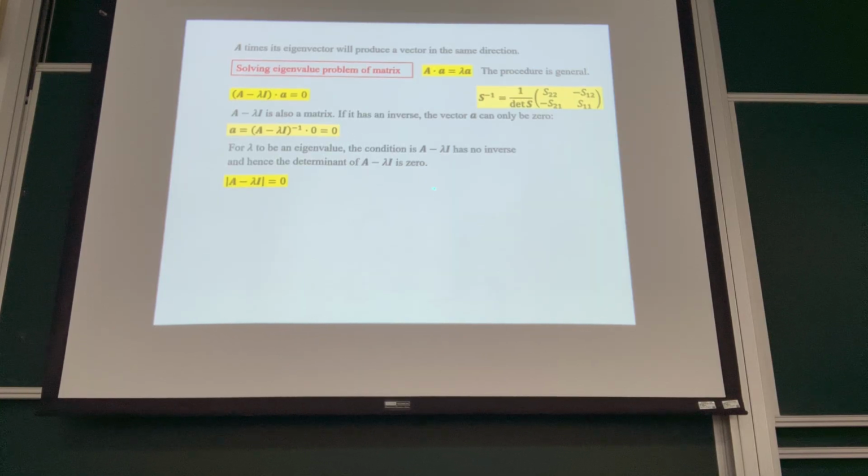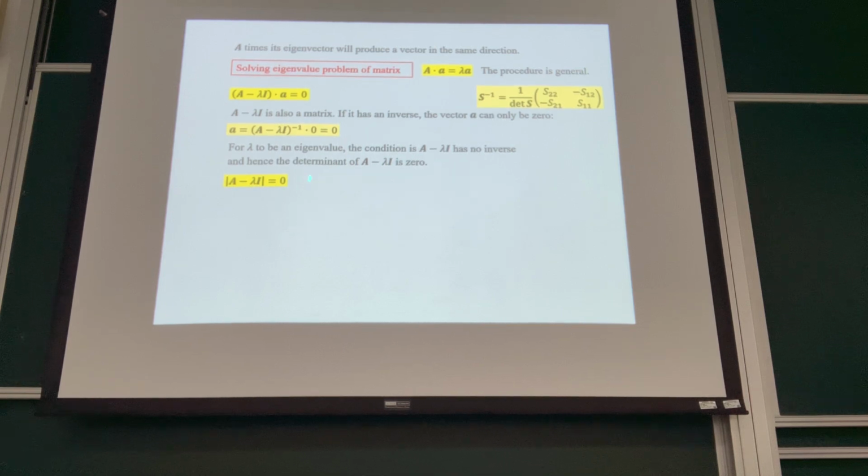Therefore, we want a non-trivial solution, as mathematicians call it, which means it is not 0. If you want a non-trivial solution, there is a condition that must be satisfied, which is that the determinant of A minus lambda I is 0.